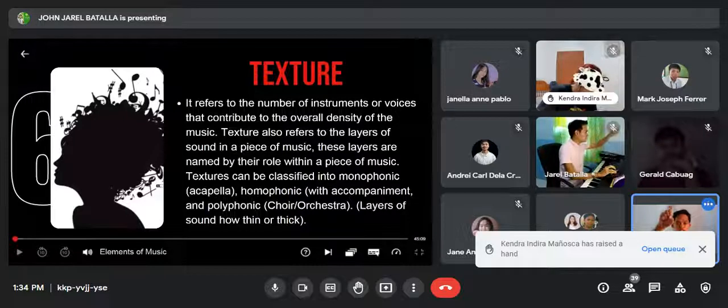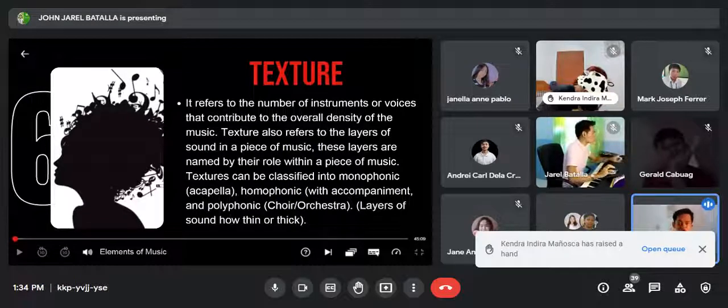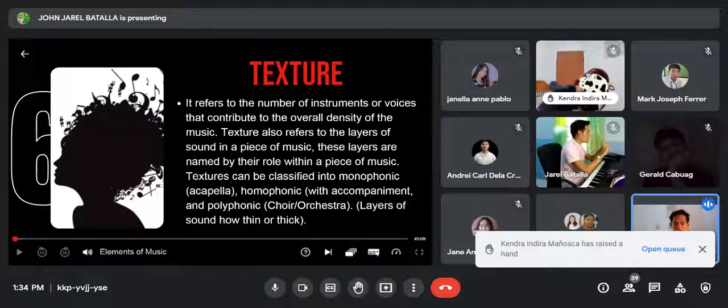When there is only a singer, for example, that sings the melody, it is classified as monophonic. But melody plus one instrument or accompaniment, that is homophonic. And on the other hand, an orchestra and a band are considered polyphonic.